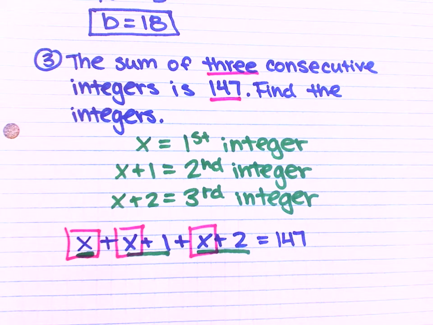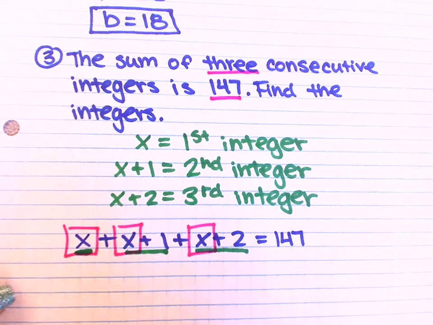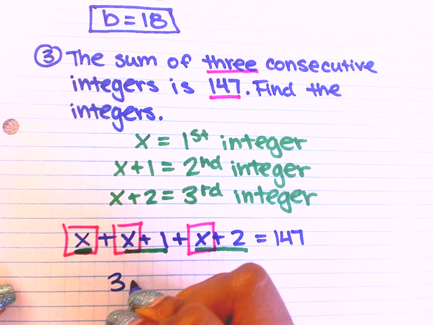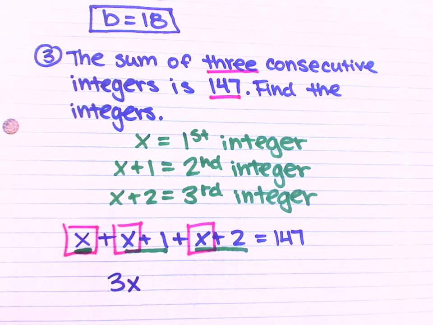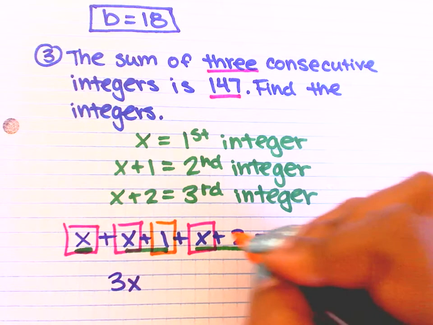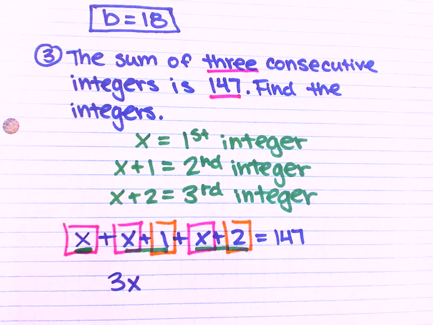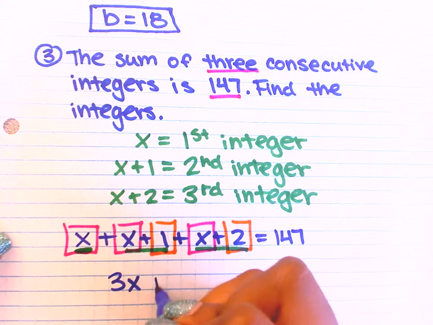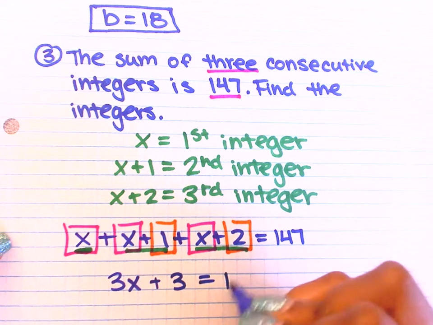So if I have 3 x's, that means I have 3x. Now I also see some like terms. I see number 1, and I see the number 2. Well, 1 plus 2 is 3. Equals 147.